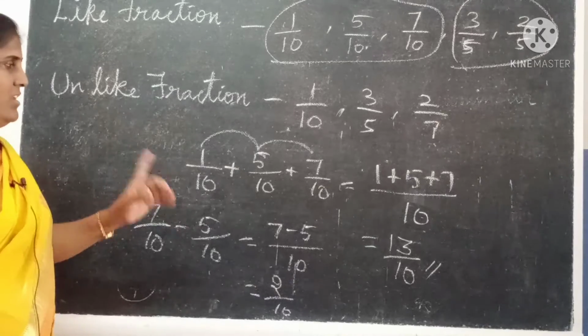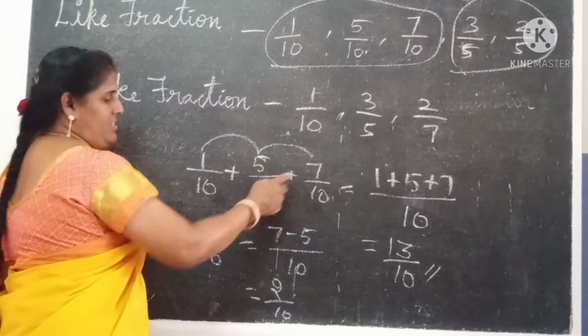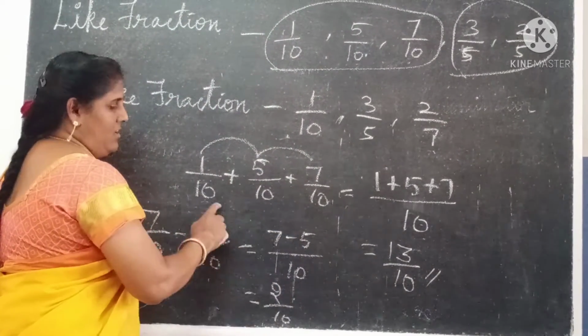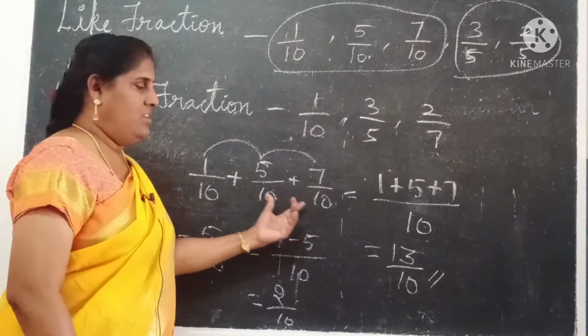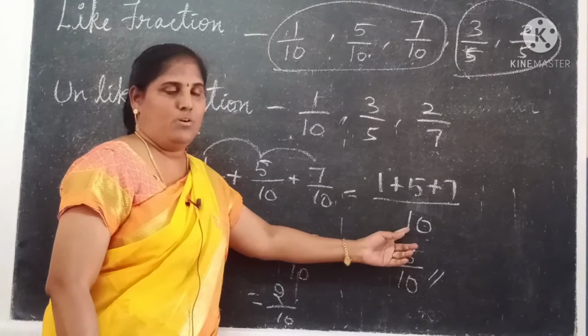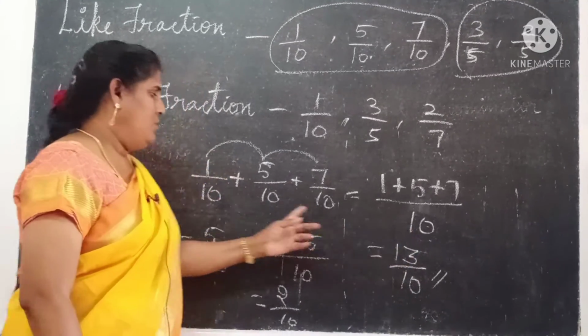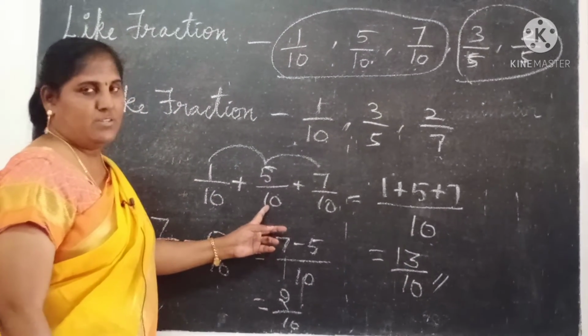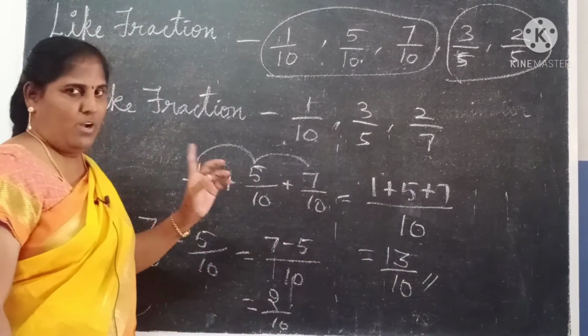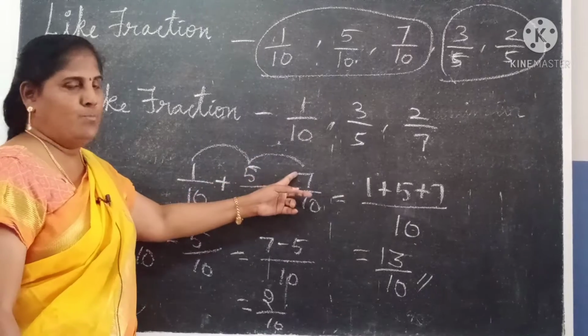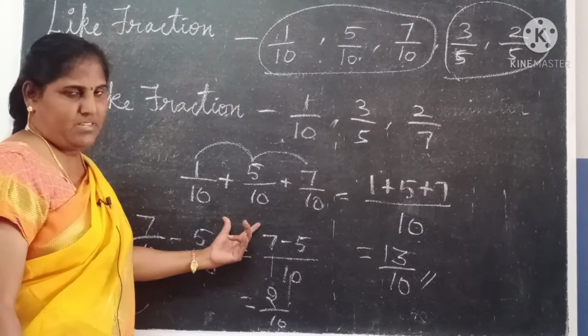But children, you have to add only the numerator, subtract only the numerator, not the denominator. Whatever denominator is given, just take it commonly only once. So don't add 10 plus 10, 20, 20 plus 10, 30. Don't do like this. You have to add only the numerator, not the denominator.